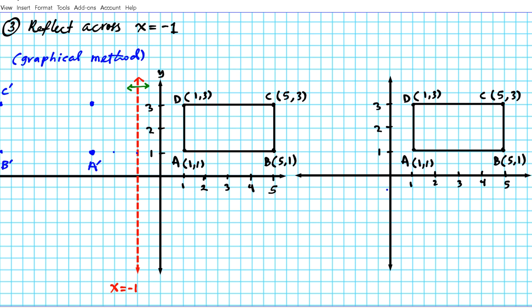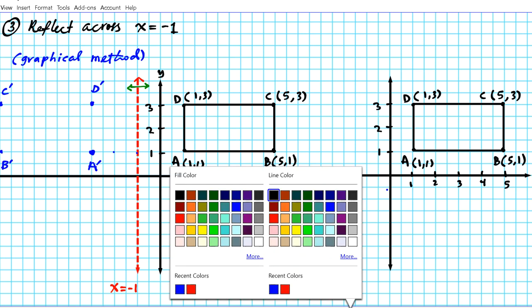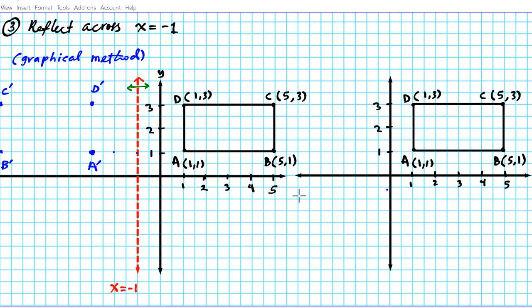And you have your perfectly formed image, A prime, B prime, C prime, D prime, the reflection of rectangle ABCD under a reflection across the line x equals -1. Let's go ahead and do that. So just connect the dots. Starting from there.